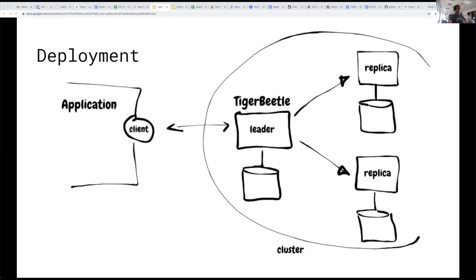And a deployment would look something like this. This is a very simplistic diagram, but your application would embed the client. You would speak to a TigerBeetle server in the same way as you would any normal database. The server is persisting to disk and then speaking to replicas in the cluster, which are also persisting to their own disk.